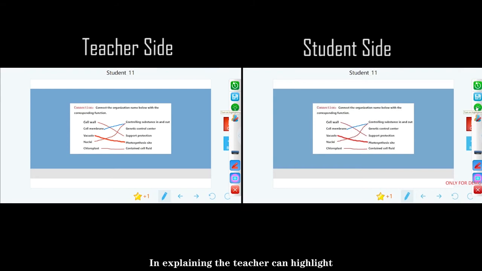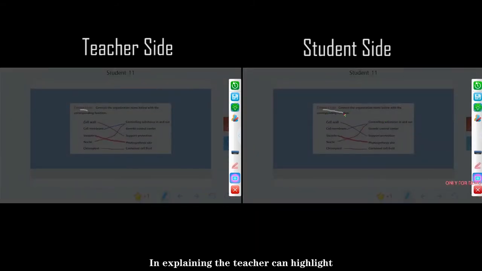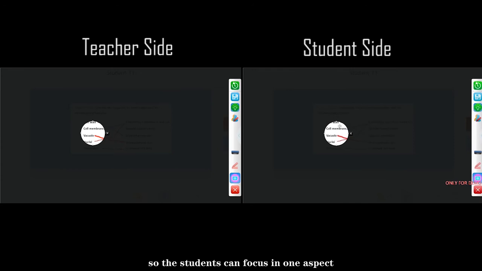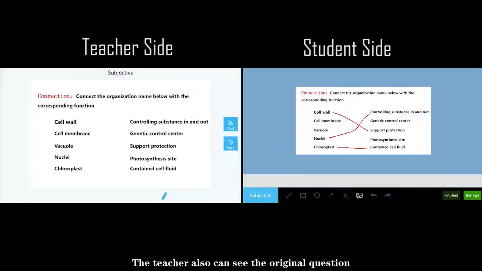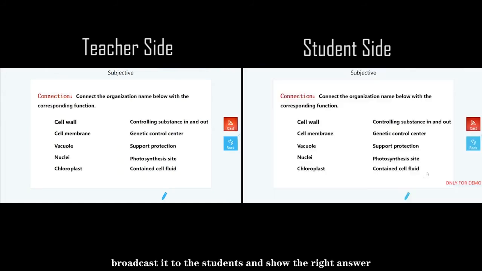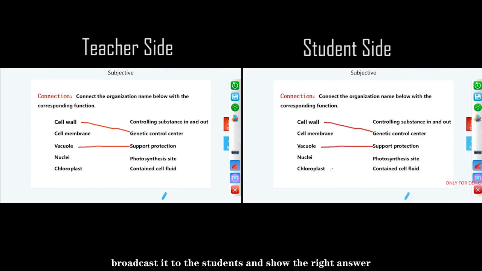In explaining, the teacher can highlight so the student can focus in one aspect. The teacher also can see the original question, broadcast it to the students, and show the right answer.